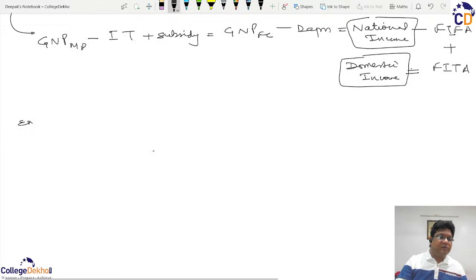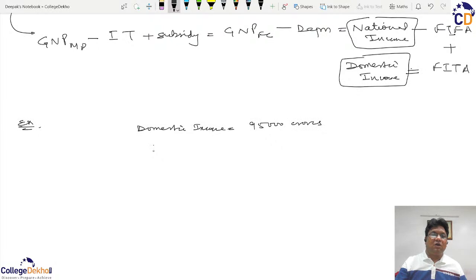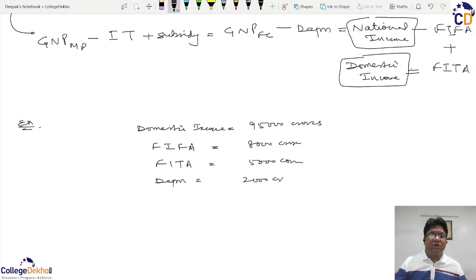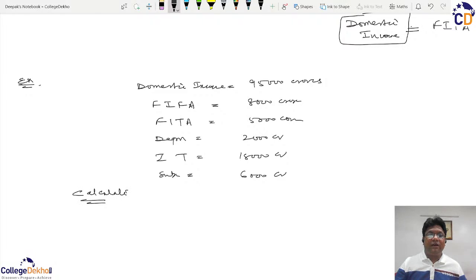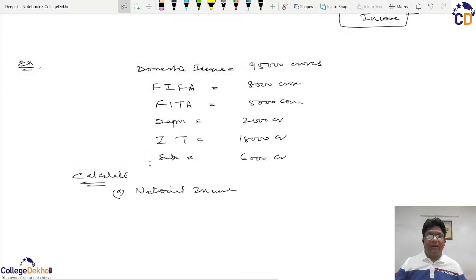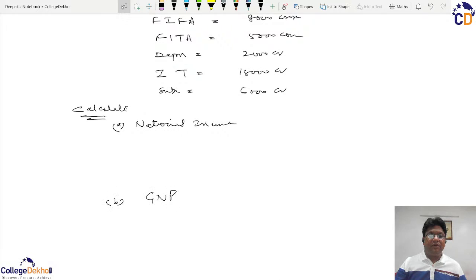So for example, if I say that the domestic income of a country is, let's say, 95,000 crores, the factor income from abroad is 8,000 crores, the factor income to abroad is 5,000 crores, the depreciation is 2,000 crores, the indirect taxes are 18,000 crores and the subsidy given by the government is 6,000 crores, and we are asked to calculate national income and GNPMP.